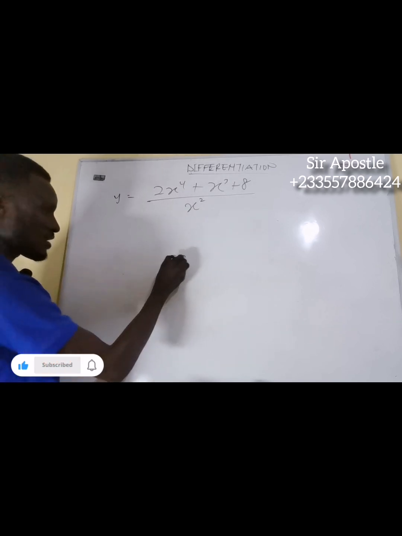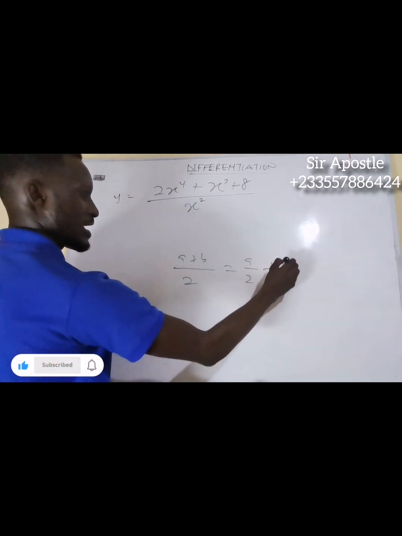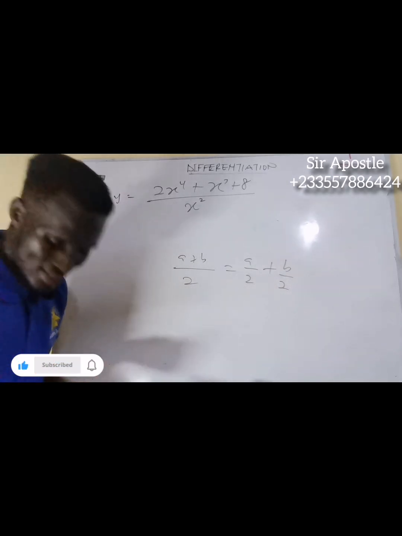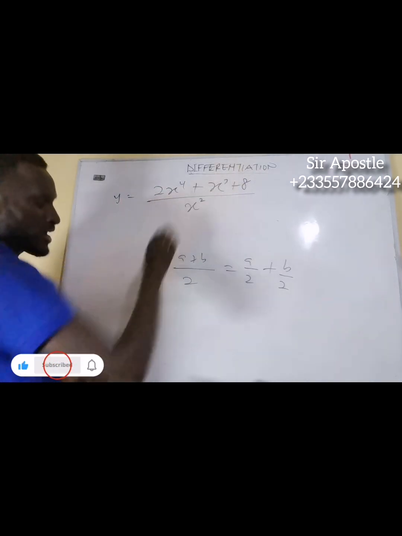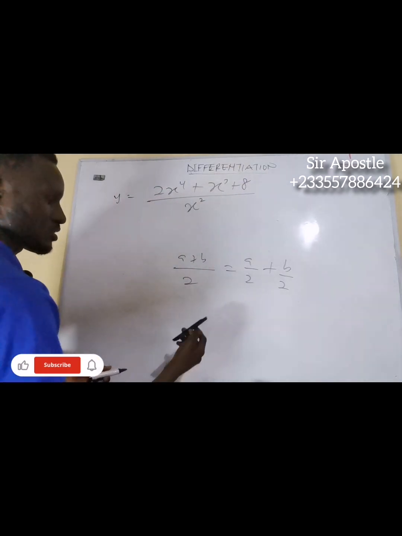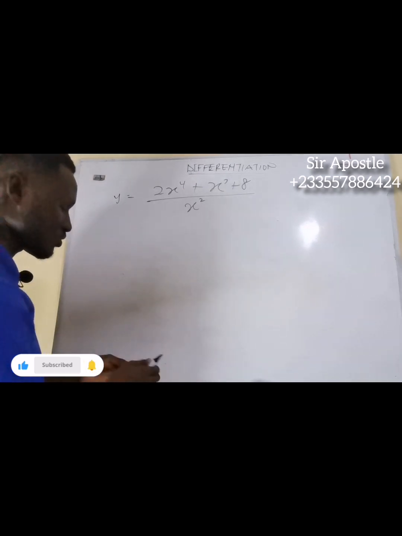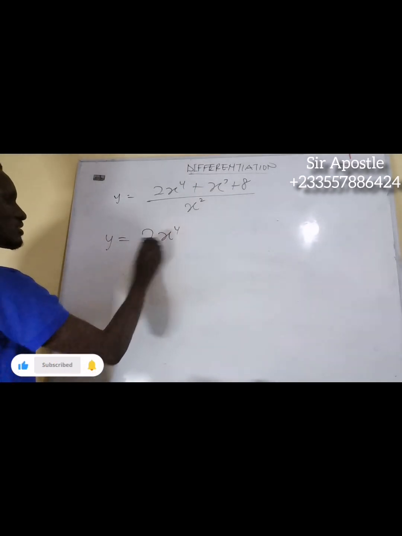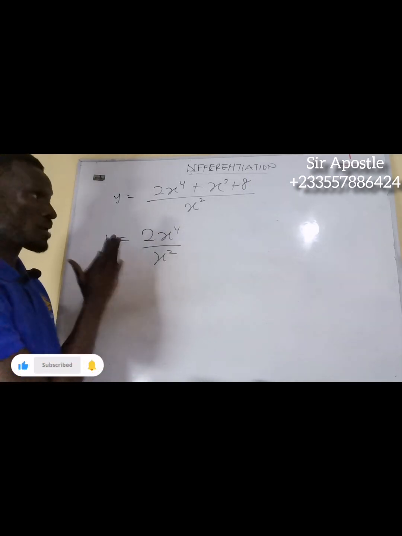You see, when you have (a + b)/2, it is the same as the 2 dividing a and the 2 dividing b. So it means that the x² is dividing each of the terms. So you need to simplify it first. So let's simplify: y = 2x⁴ divided by x². Otherwise, you can't solve it, because we are doing normal differentiation.